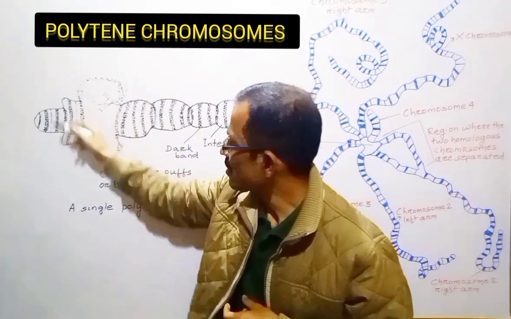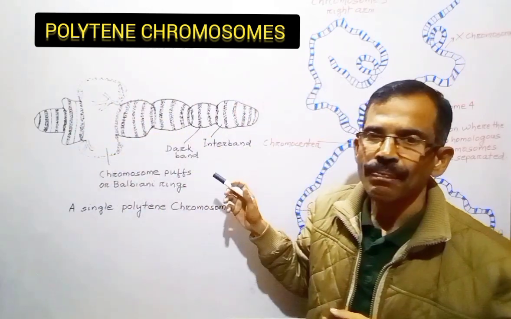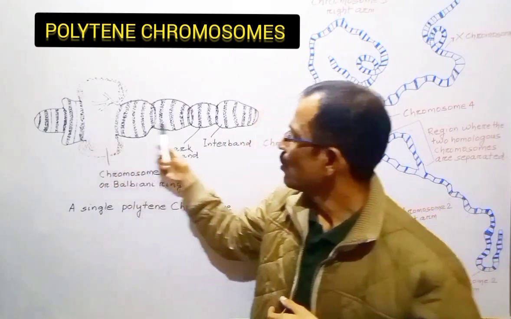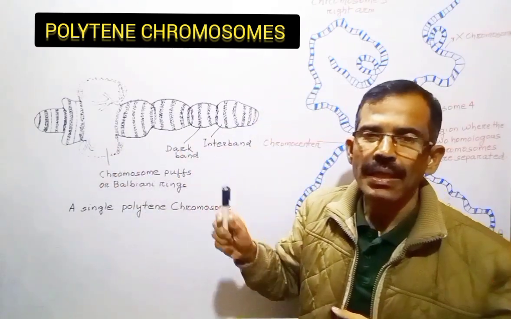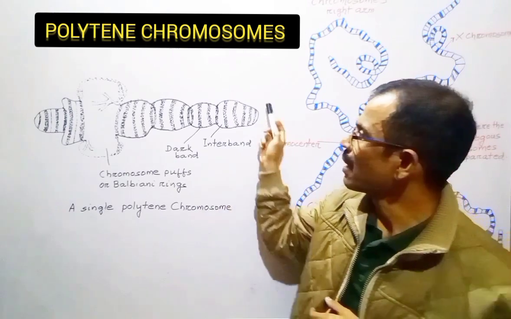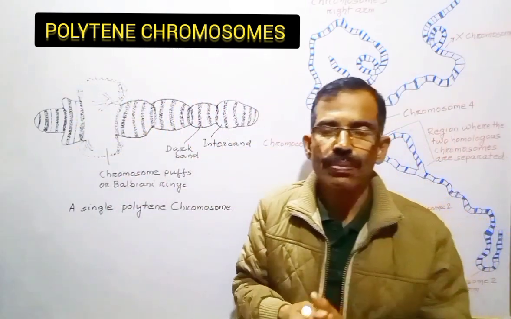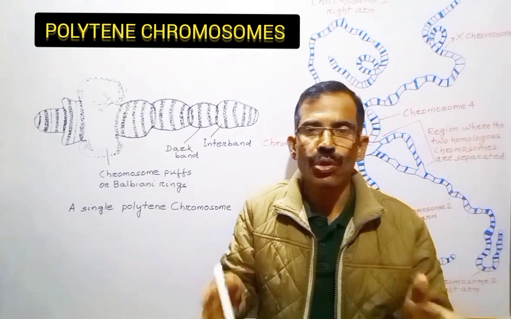This figure shows a single polytene chromosome. It consists of many sister chromatids which stay together in a parallel arrangement, forming a thick bundle which is large enough to be seen under the light microscope.